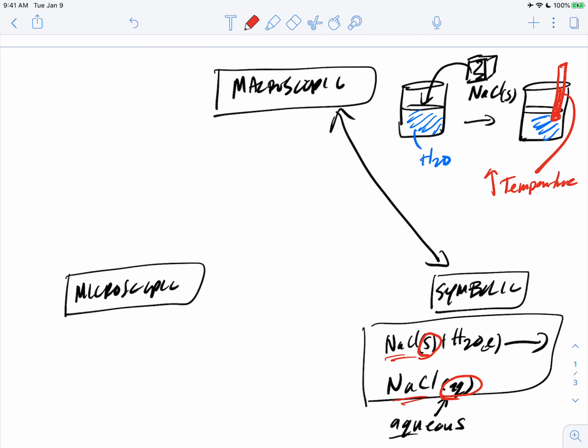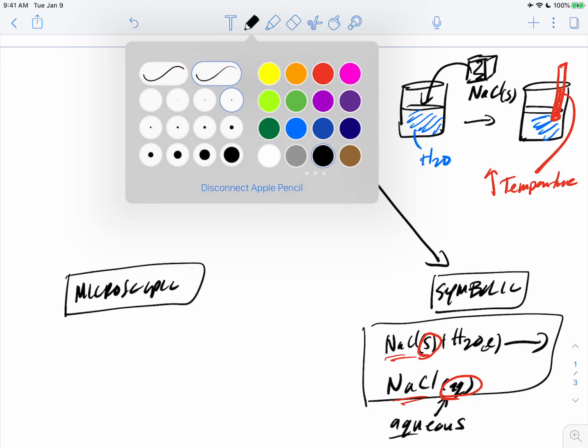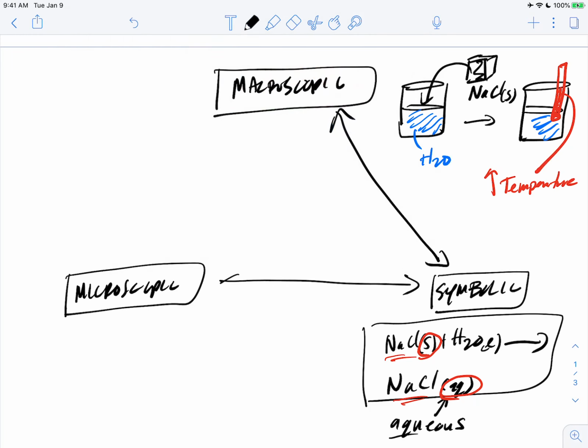And so we have to go to the microscopic view to really link these together. If we want to link all three, the microscopic is really going to do that. So we can see what's happening when we start off with NaCl solid. What does that look like?